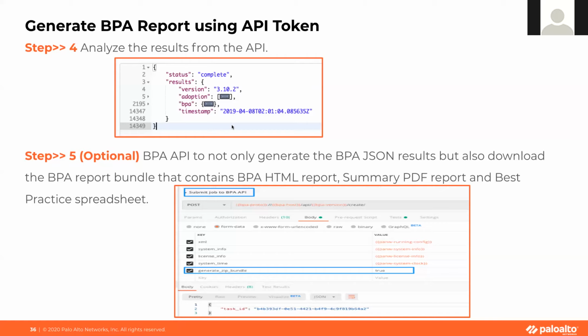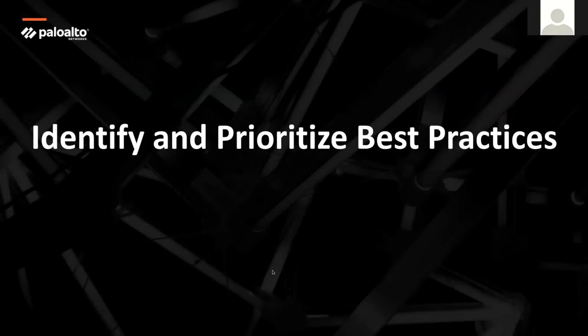If you select the checkbox to generate a bundle report, you will get a BPA report, and it will be the same report as you would generate through the CSP. There is no difference at all. The only help here is that you can program through these APIs, and every time you don't need to upload a tech support file from your Panorama.